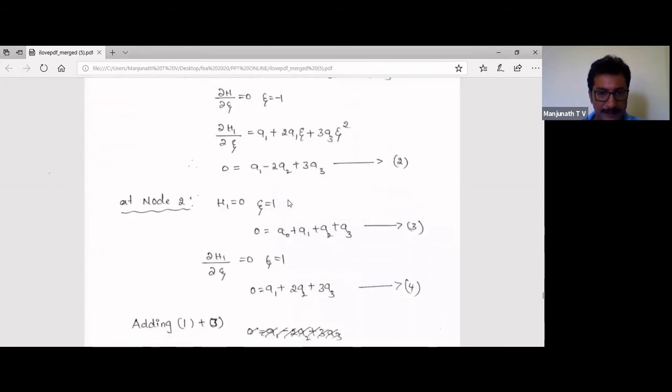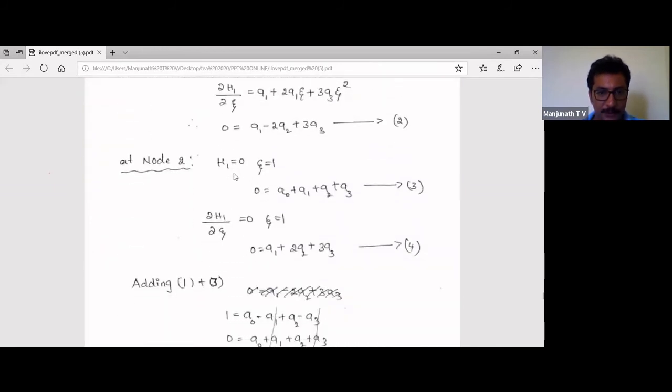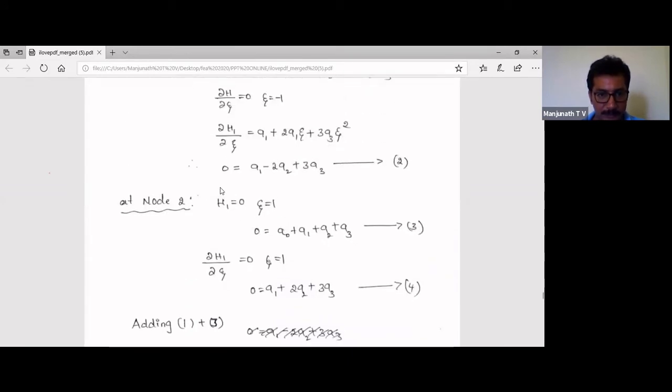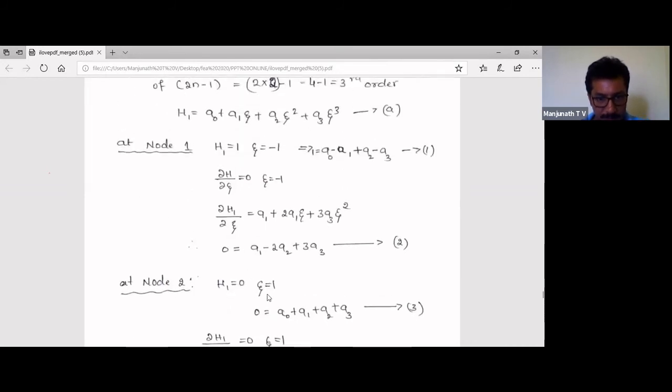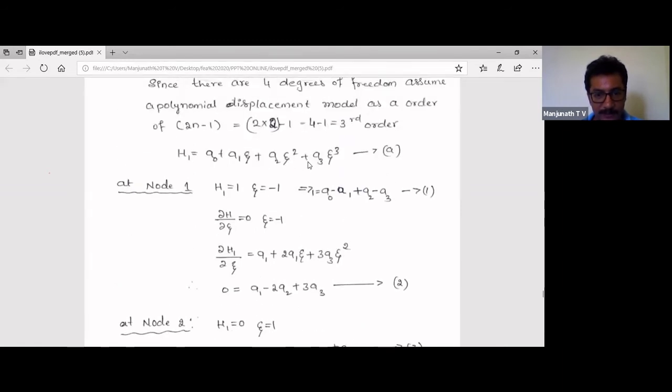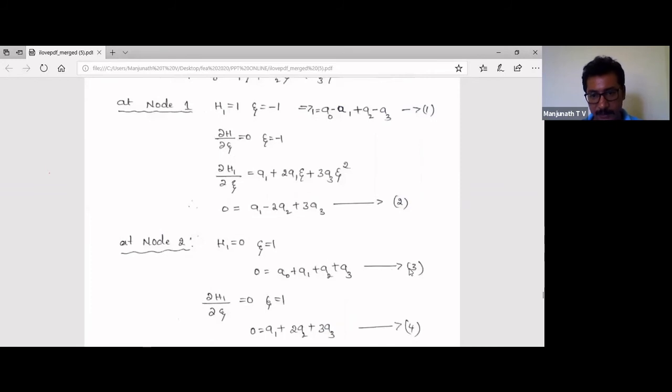That is how we considered it here. First, at node number 2 for the first condition, this value is substituted in the polynomial equation, and you are going to get this, which becomes equation number 3.